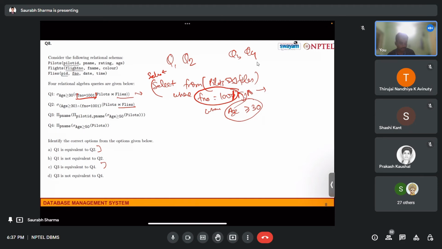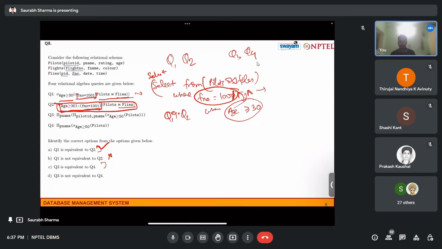So we are searching for this natural join table where fno is equal to 1001 and the age is greater or equal to 30. It is clearly seen here, it is written as the AND statement. So Q1 and Q2 are equivalent, so A is correct. B will be definitely incorrect.